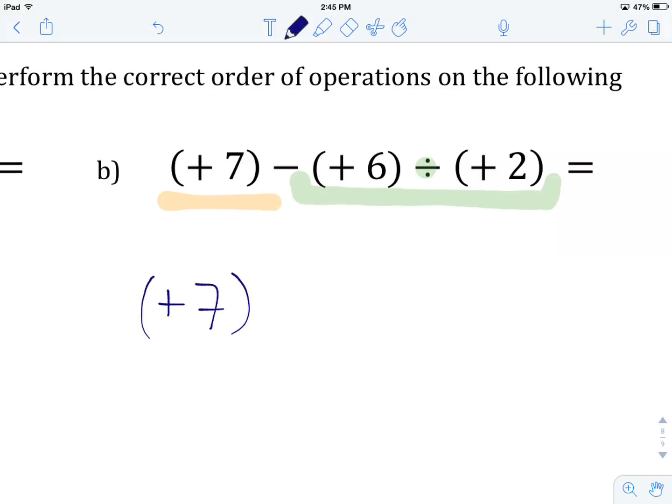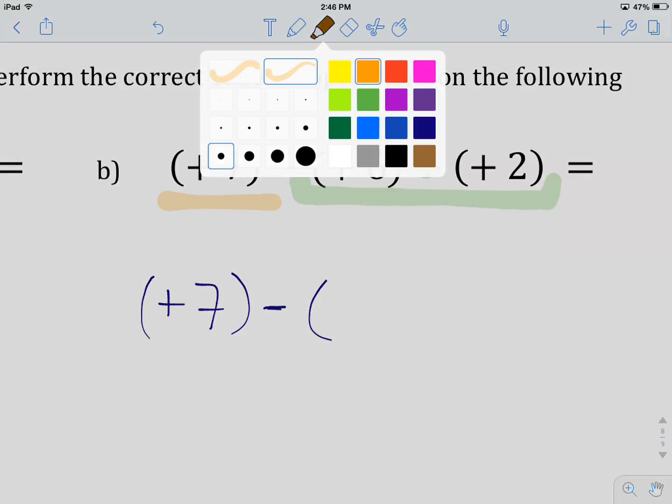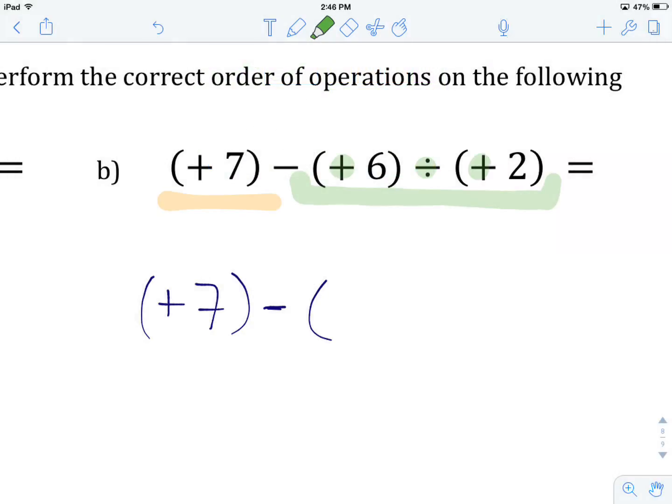So there we have a positive 7, subtract, and now we're going to figure out, well, what's the answer to positive 6 divided by positive 2? We've got two positive integers, which means that our quotient will also be positive. And 6 divided by 2 will give us 3. So far we have positive 7 subtract positive 3.